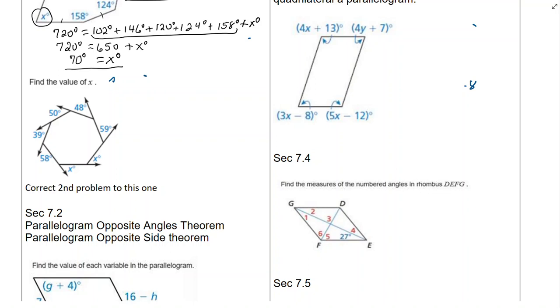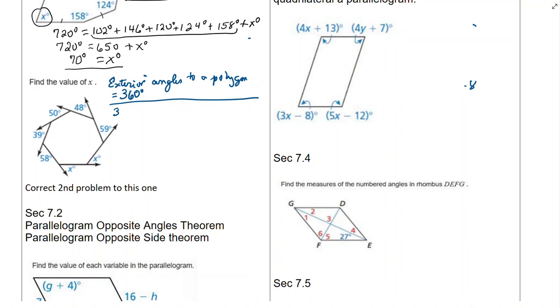So on this one, we know exterior angles to a polygon equal 360 degrees. So now we're going to structure this problem.